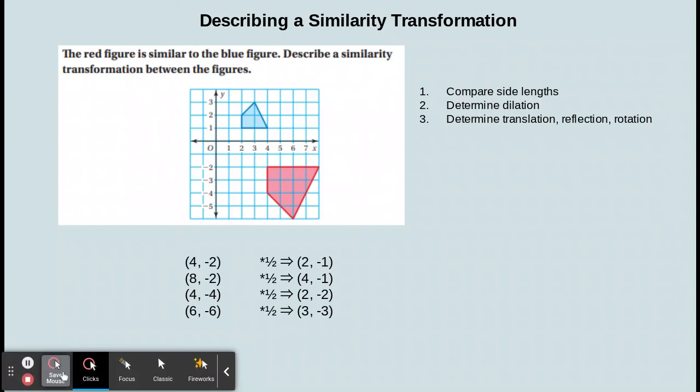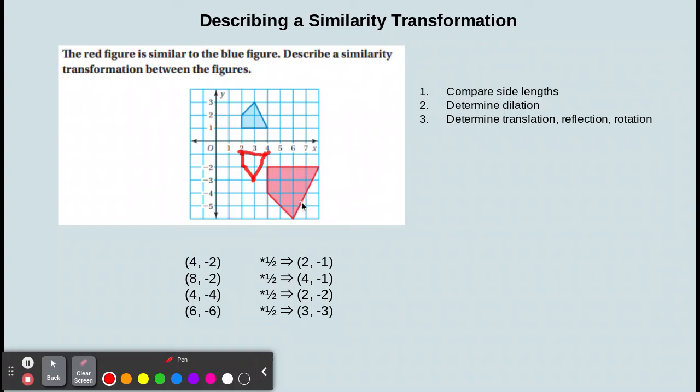Okay, so if we multiply the red figure's vertices by 1/2, we end up with this: 2 comma negative 1, 4 comma negative 1, 2 comma negative 2, and 3 comma negative 3, which then means our shape now looks like this roughly.